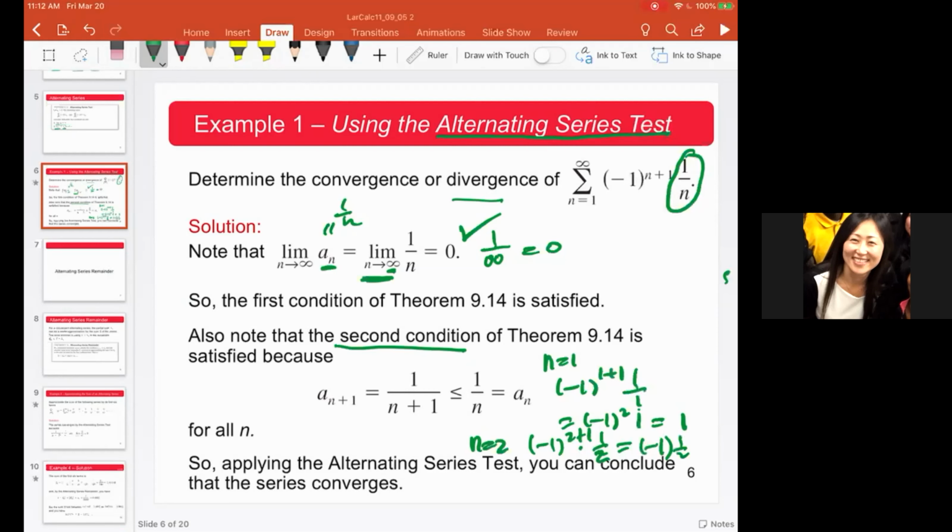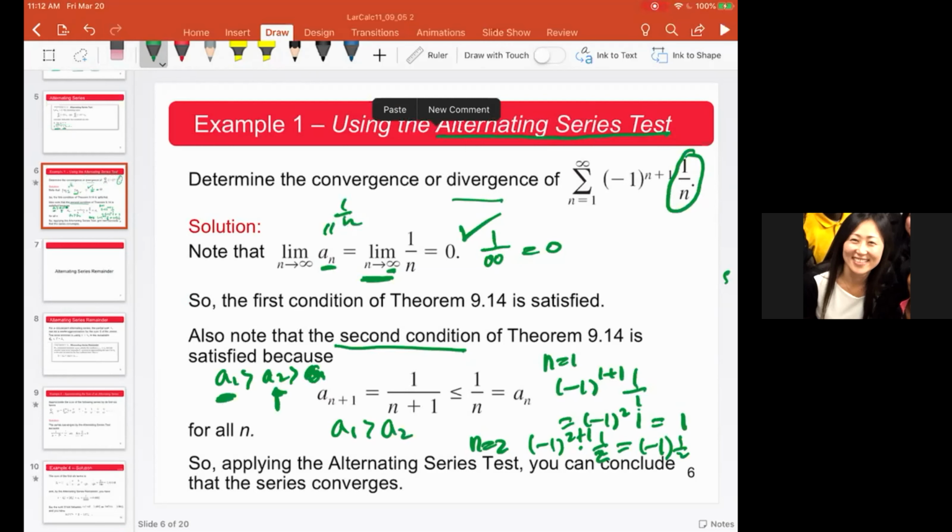As you can see, a_1 is larger than a_2. So a_1 is the largest, then a_2, a_3. It's not completely descending order, but the first term is definitely larger than the second term. So yes, condition met.